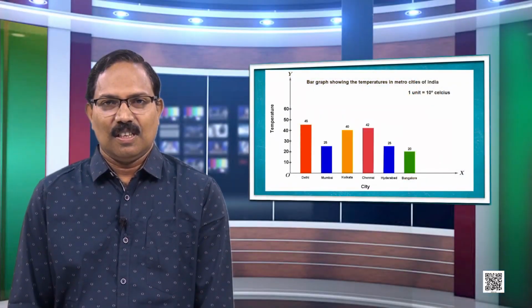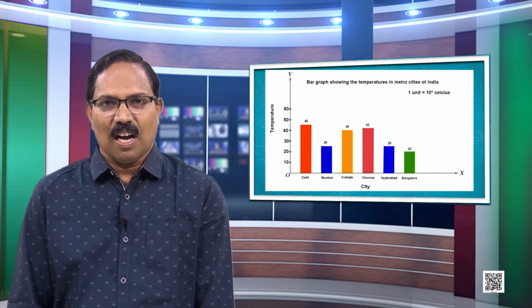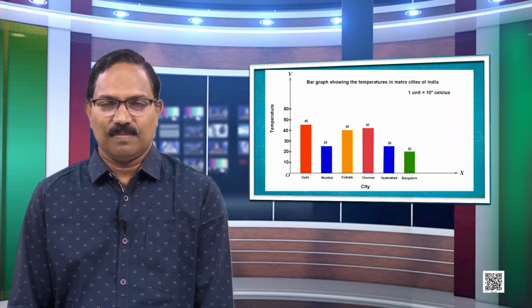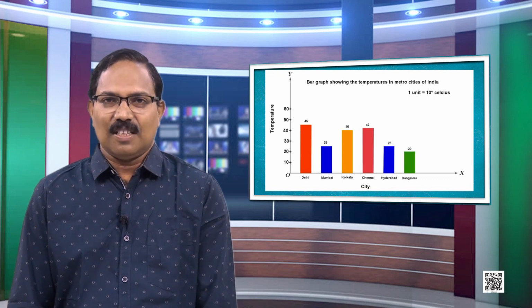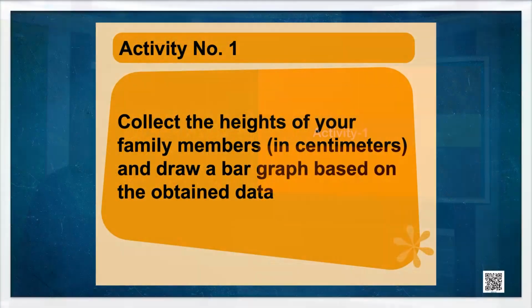Students, now you know how to draw a bar graph and also how to interpret the graph. Before discussing further, let me give you an activity. You collect the heights of your family members in centimeters, and based on the collected data, you draw a bar graph. Can it be possible?